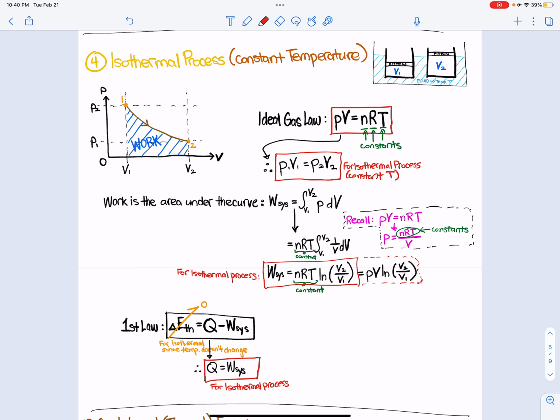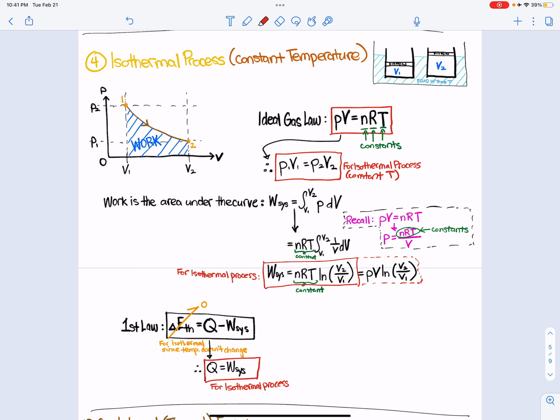What else? The work is the area under the curve. So the work of the system is equal to the integral of pressure from V1 to V2. But remember that the ideal gas law, PV equals nRT, I can change around to make pressure equal to nRT over V. In an isothermal process, temperature is constant, R is constant, and the number of moles is constant.